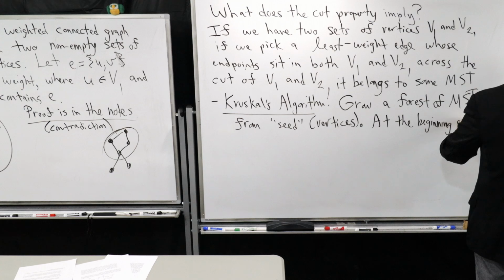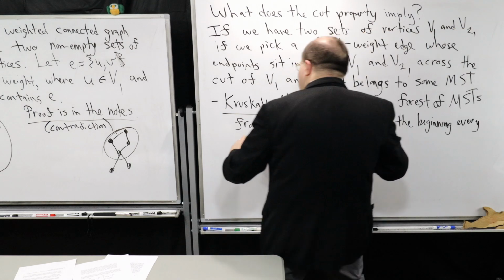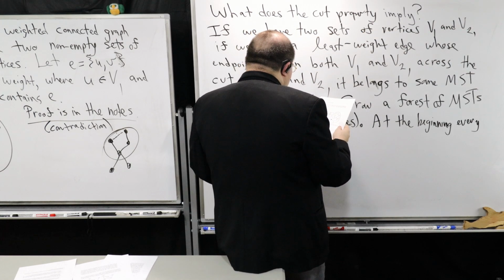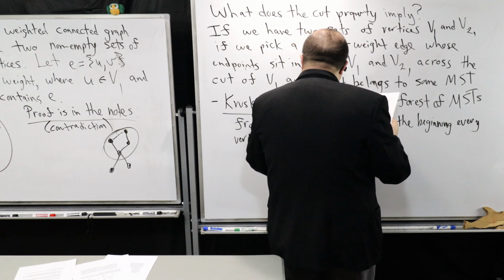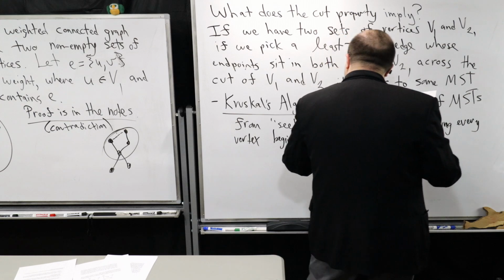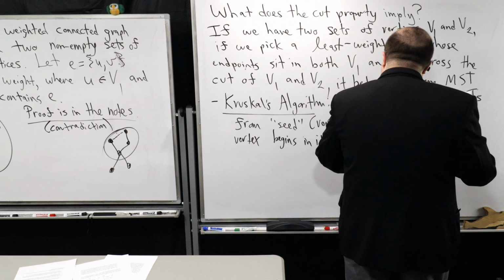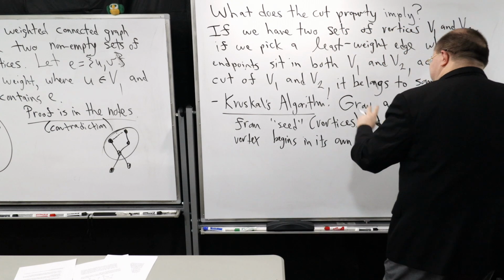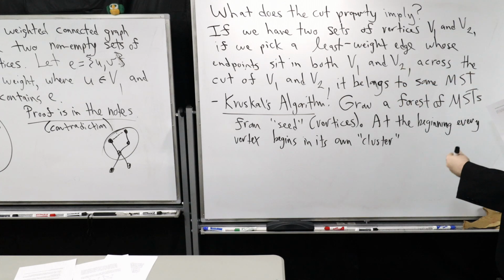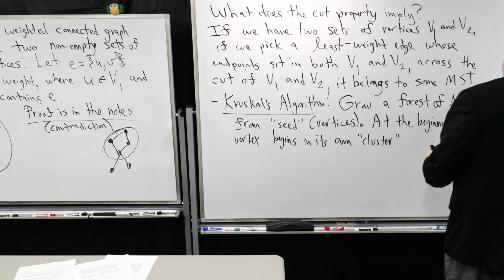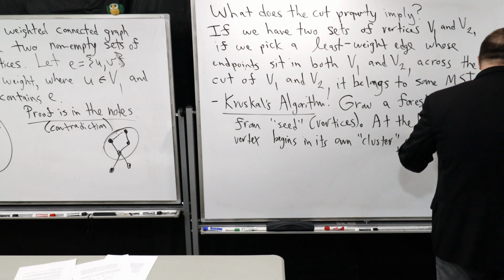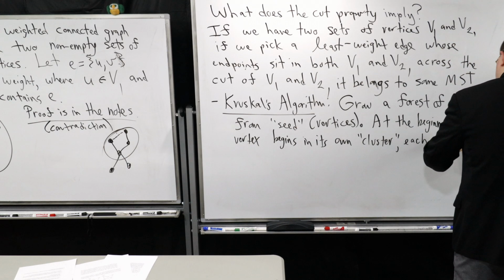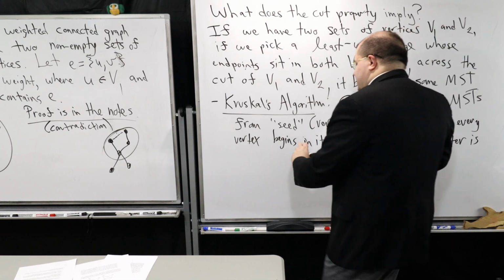At the beginning, every vertex begins in its own cluster. I'm using cluster in air quotes. It's more of a vague idea for what I just described a moment ago. And I say each cluster is a set of vertices.